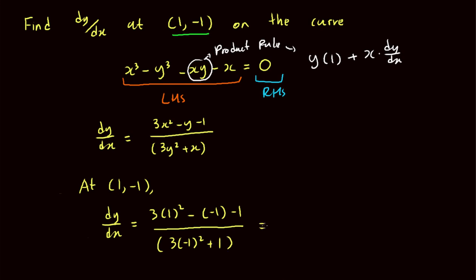So what's the answer going to be? It'll be 3 over 4. So that's basically your answer.